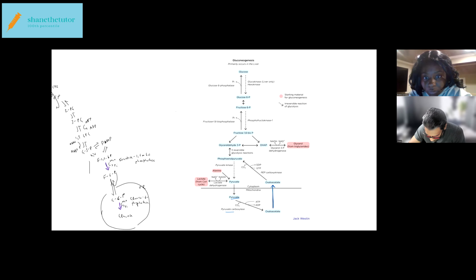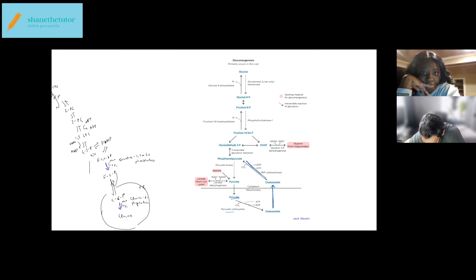Then you see that oxaloacetate can exit the mitochondria, and that's where it can go through PEP carboxykinase, which is an interesting enzyme because it can carboxylate things and decarboxylate things, and that's what we have from oxaloacetate to PEP over here.